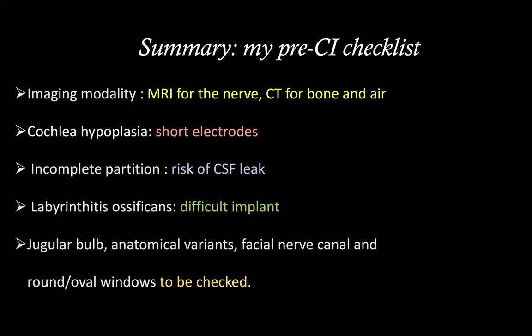But remember, MRI is better because it picks up the intermediate fibrotic stages, which is better for the surgeon. Variants to be checked: not only jugular bulb and other main anatomical variants, but also rare anatomical variants of the round and oval window that are more pathological than anatomical variants.